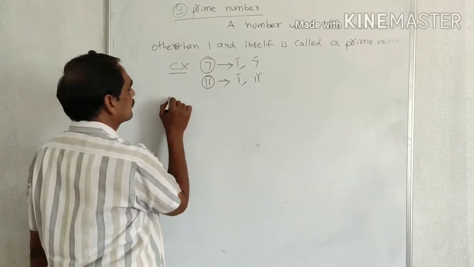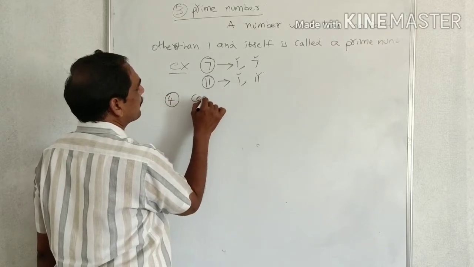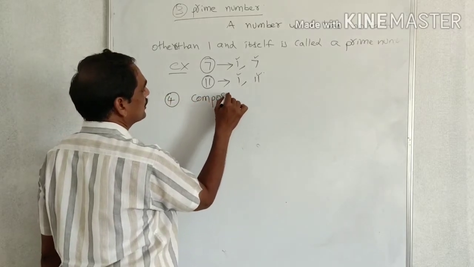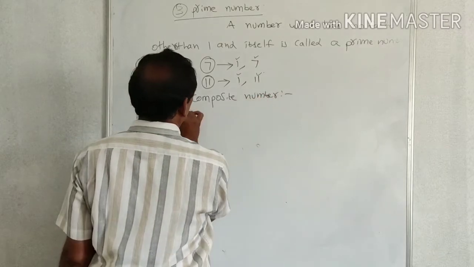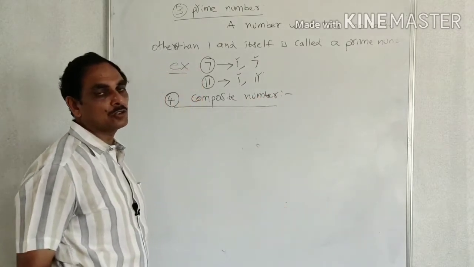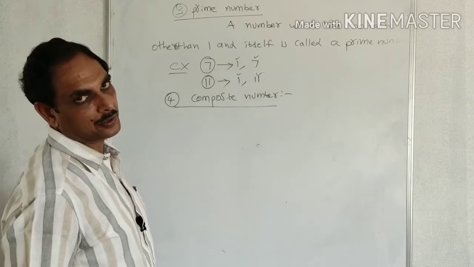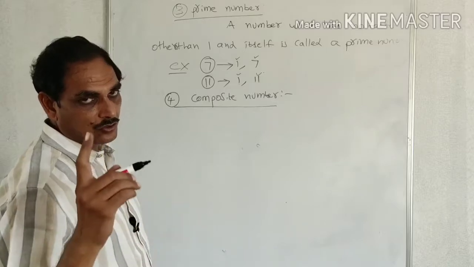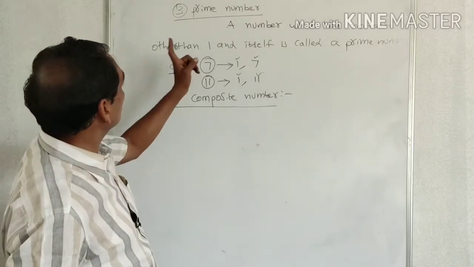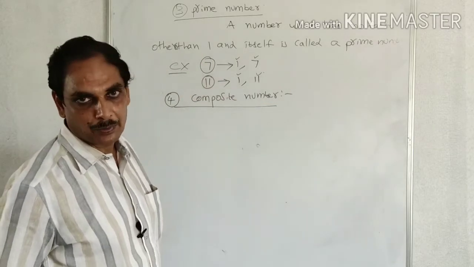So next, 4. Composite number. A number which has more than two factors is called a composite number, or a number which has at least one factor other than 1 and itself is called a composite number.